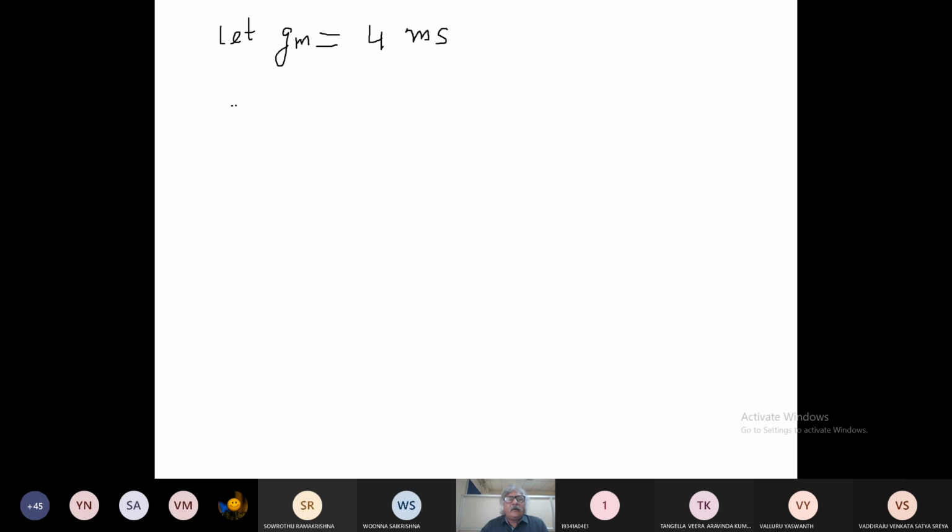Then you will get Zin equal to 1 by 4 into 10 raised to the power minus 3.